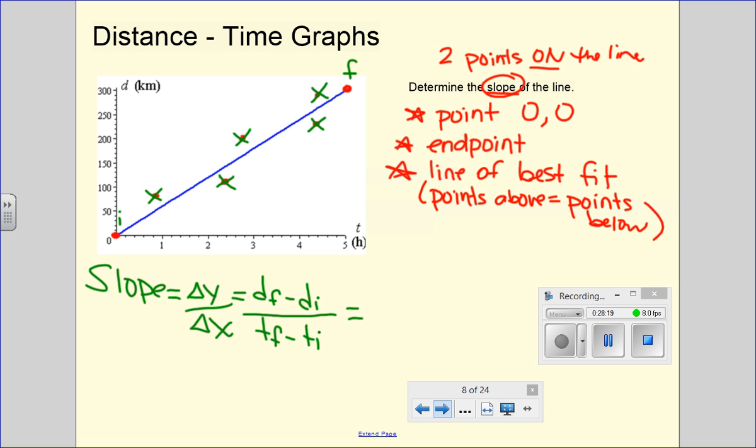So on this particular graph, I'll take a read, and I'll see that for my final point, the distance was 300 kilometers, and the time for my final point was 5 hours. My initial point is a lot easier, 0 kilometers and 0 hours.